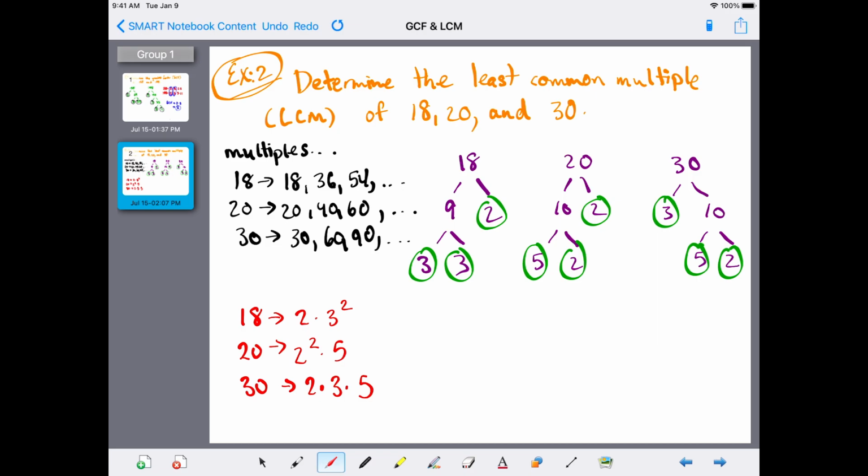So there are our prime factorizations of 18, 20, and 30.